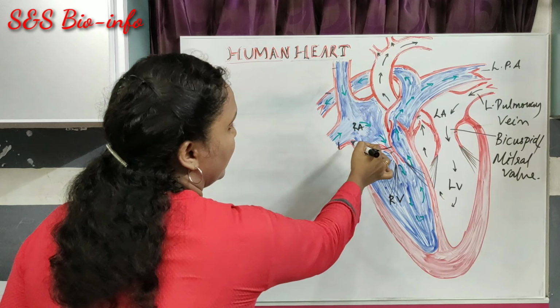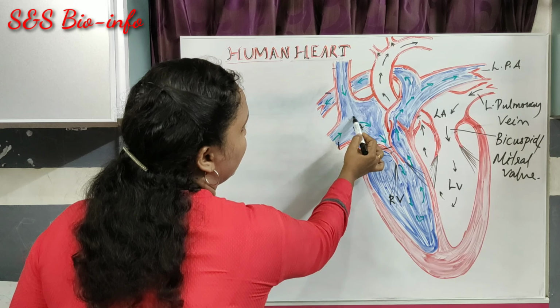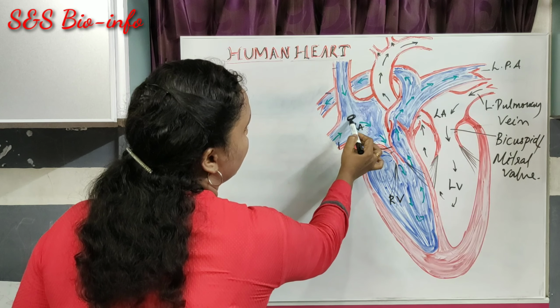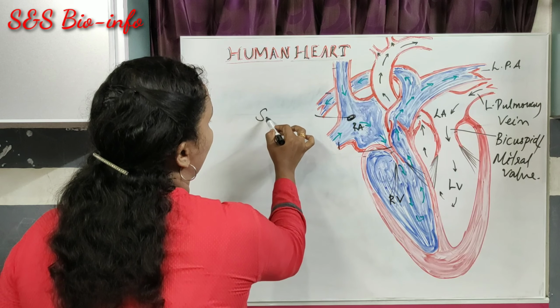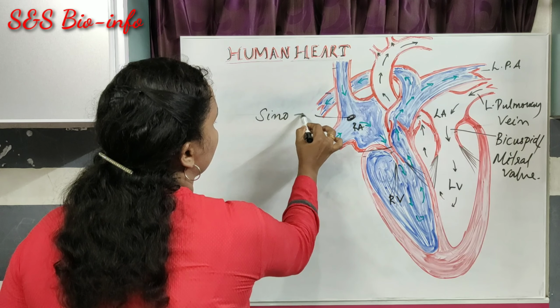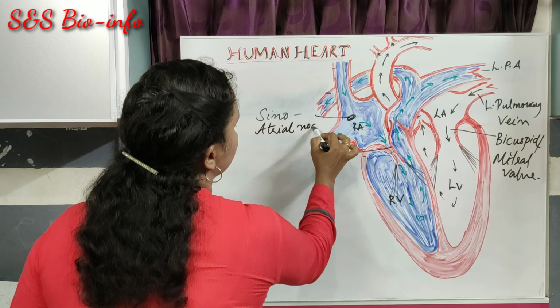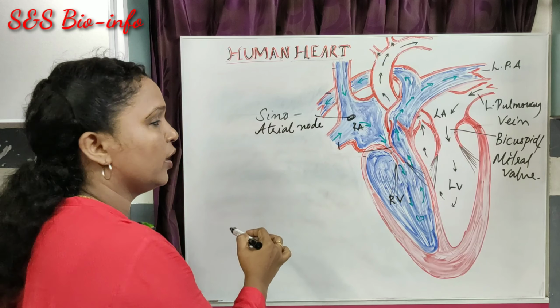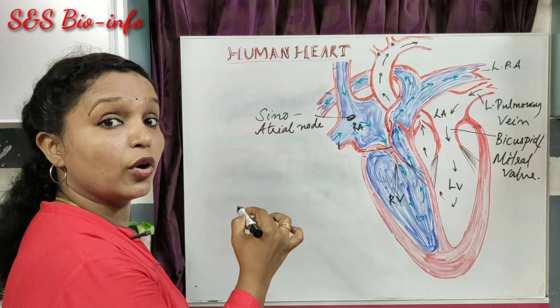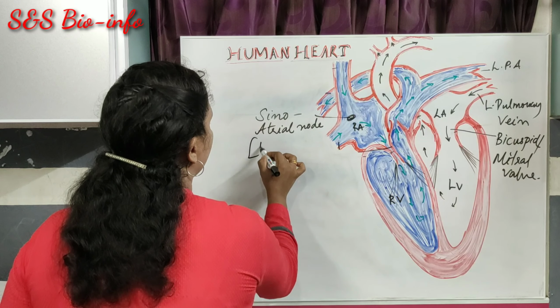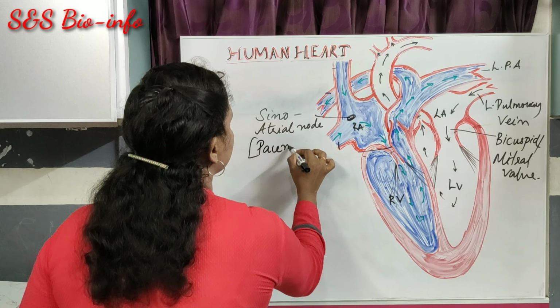So this is the right atrium, and the right upper corner is called the SA node, sinoatrial node. The SA node is also known as the pacemaker of the heart.